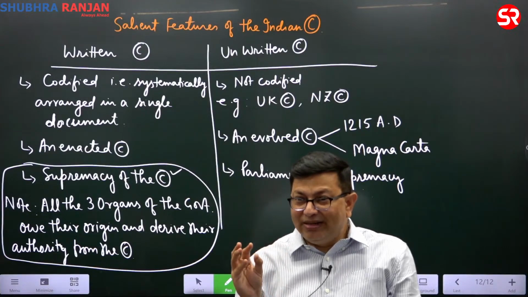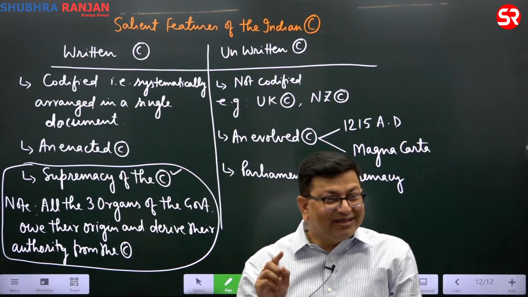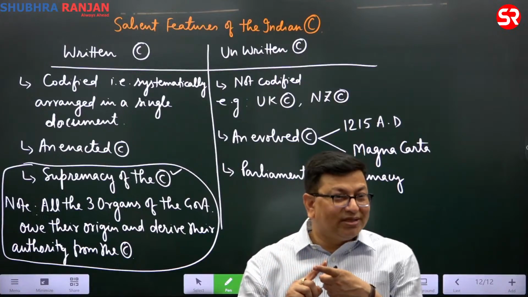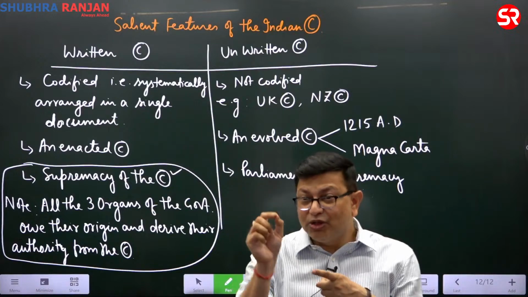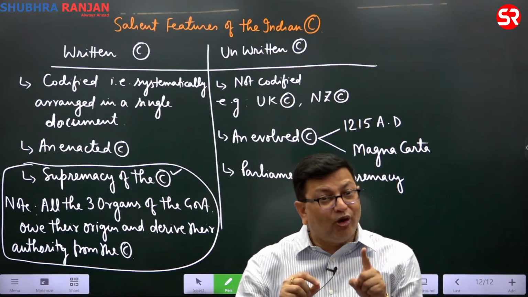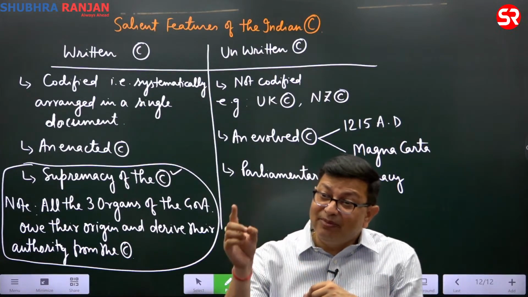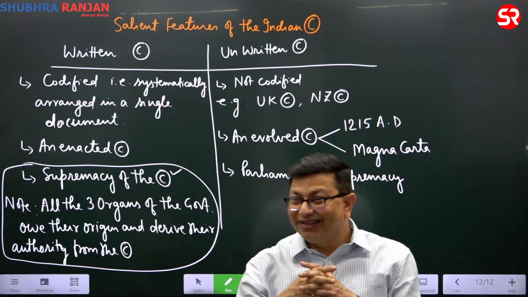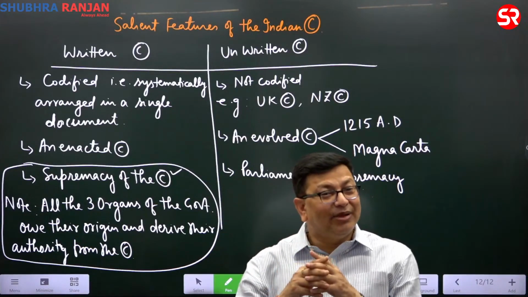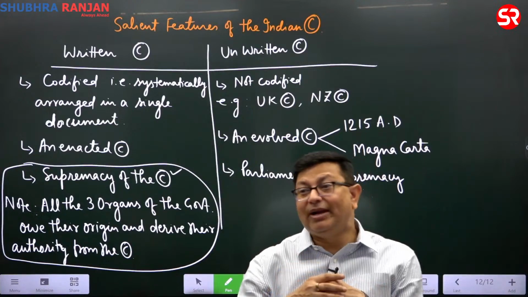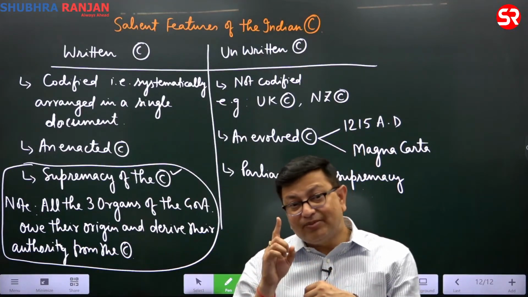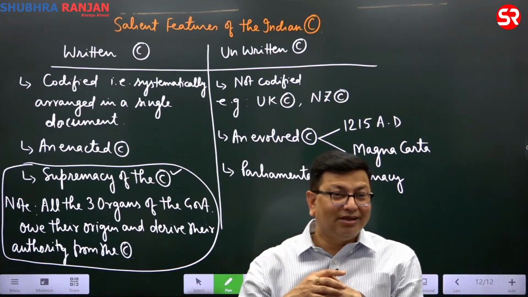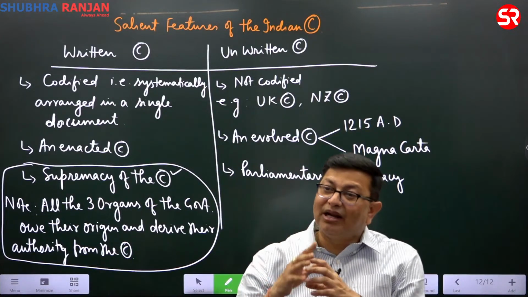And not only this, it has to make laws in accordance with the Constitution, and it will have to follow the process which has been mentioned in the Constitution. How the laws will be made, how the Constitution will be amended, everything has been mentioned in the Constitution. That has to be followed by the Parliament.